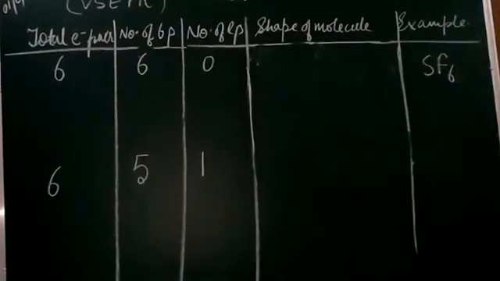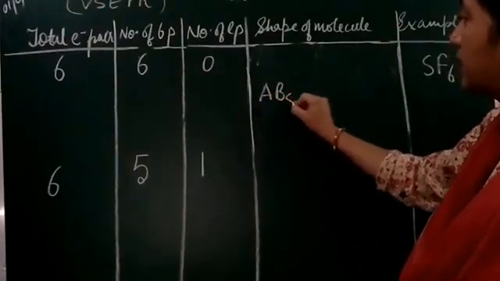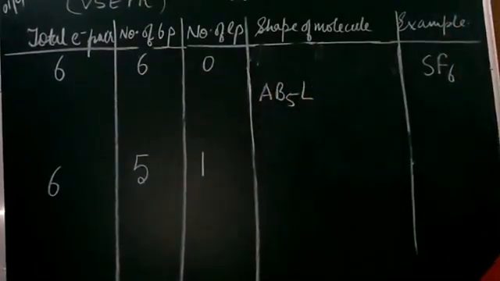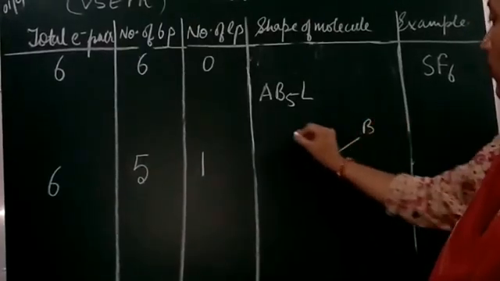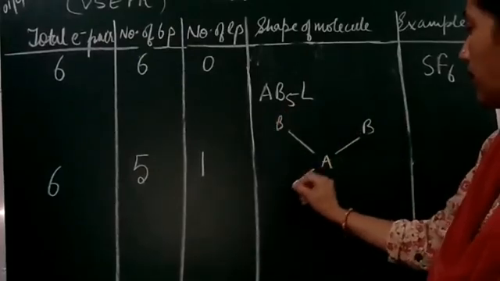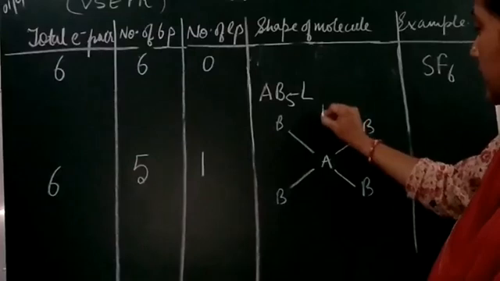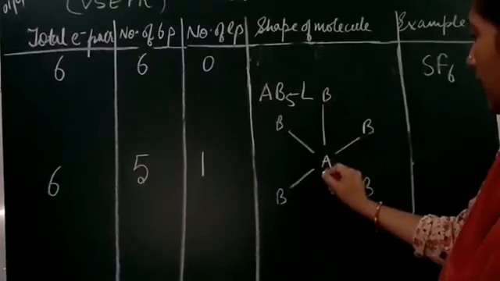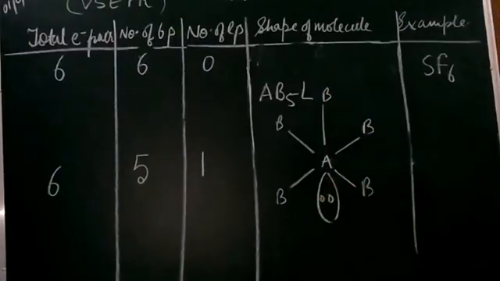So it will be of the type AB5L, right? So I'm going to draw, this is the central atom, 1 bond, 2 bond pair, third, this is fourth, and this is fifth, and here we will have a lone pair, right? So this is an AB5L type, and this shape of the molecule is known as square pyramidal.